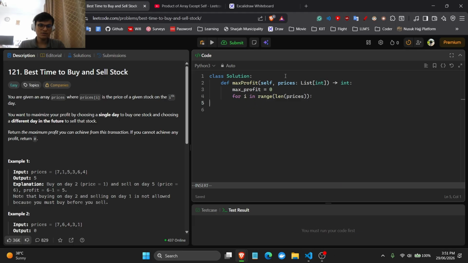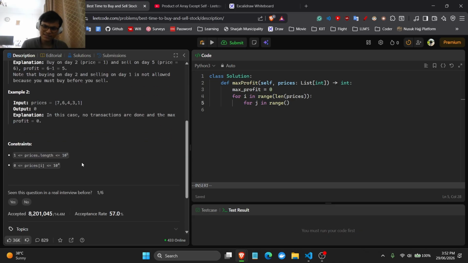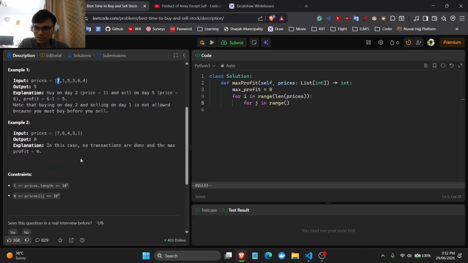Now I'll start another loop, for j in range. We have to buy before we sell. Can I sell on the same day? That's going to be 0 anyhow. So let's just look ahead: i plus 1 to length of prices.